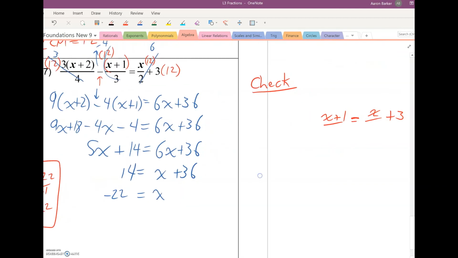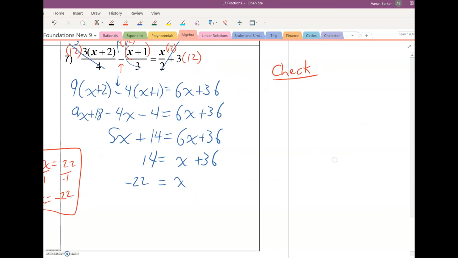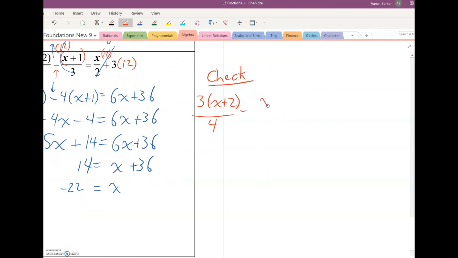This is going to be big and nasty. Let's have some fun. Okay, so we start by writing the original for our check: 3x plus 2 all over 4, minus x plus 1 over 3, equals x over 2 plus 3. So we're going to have to substitute in here, here, and here.